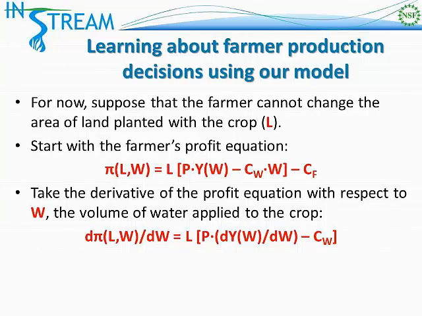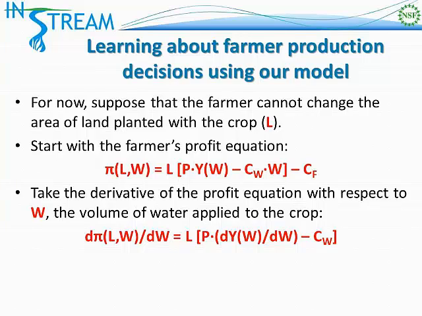If you recall from your calculus class, if you want to take a derivative of this expression with respect to W, you have to see where all the W's are. First of all, you see it here in the yield function, and so you have to take the derivative of that. So the derivative of the yield function is going to be dy/dW, but the yield function is also multiplied by P, so you'll have to carry the P over here in the derivative.